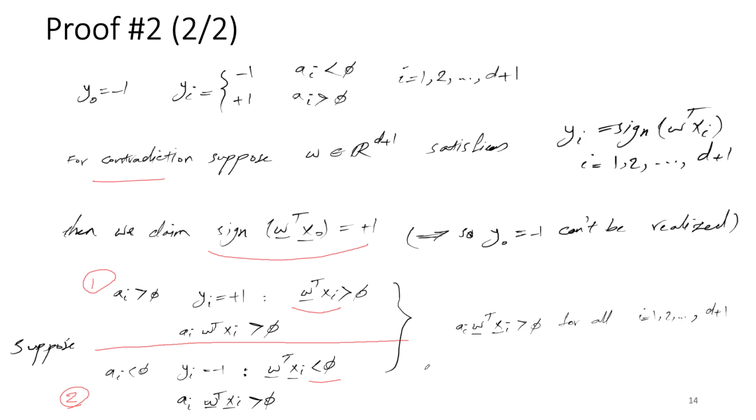However, if you compute ai wt xi, it would be plus for all the i's, right?